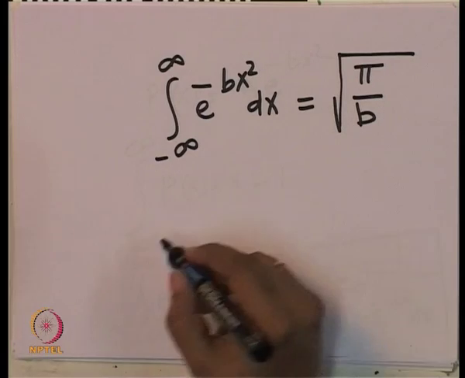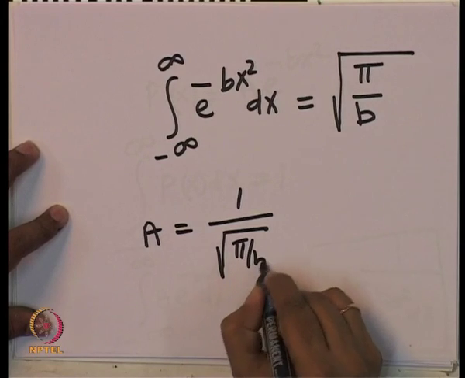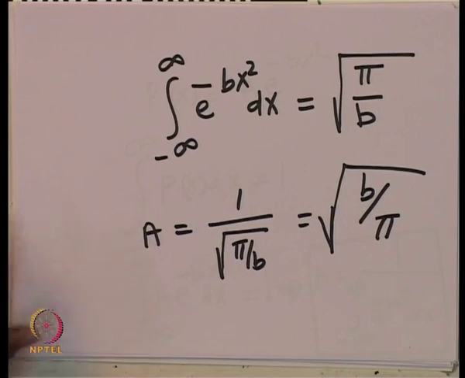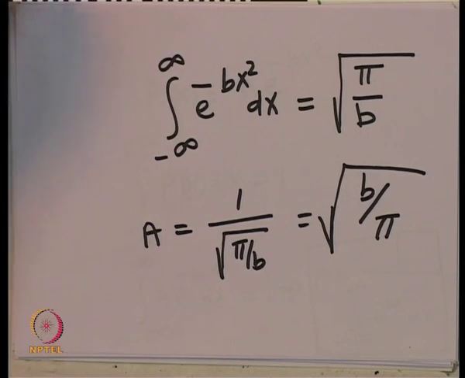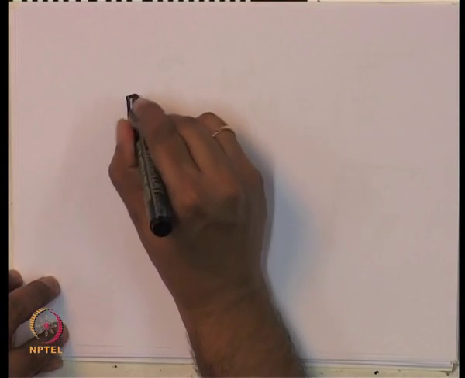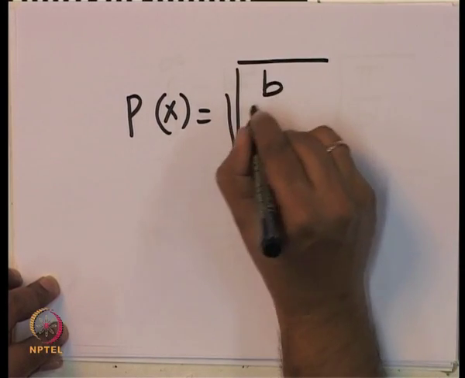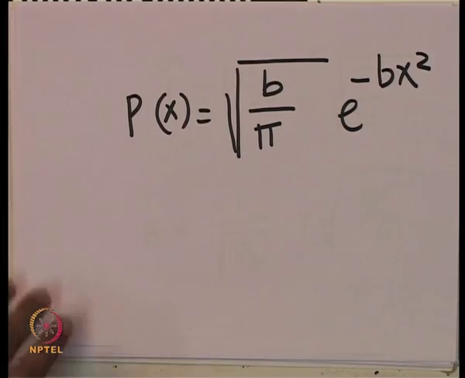If this is the answer, A is 1 over root of pi by b, which is root of b by pi. So our probability distribution P of x is root of b by pi into e power minus b x square.